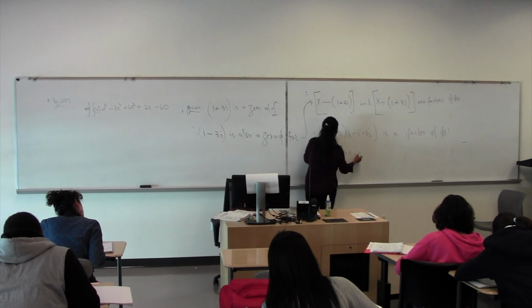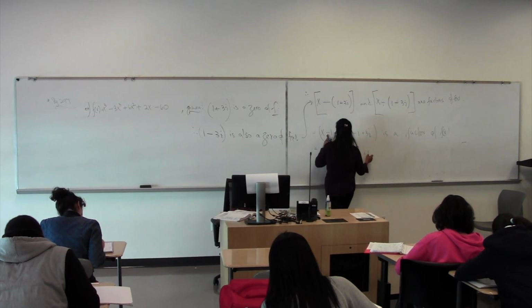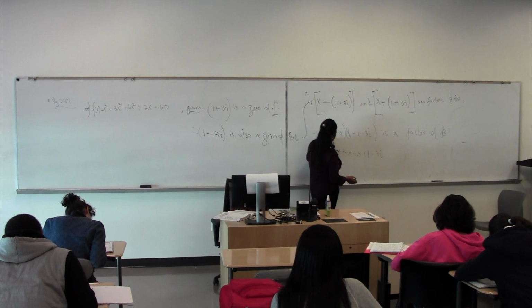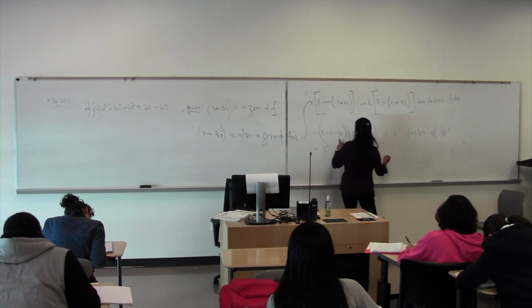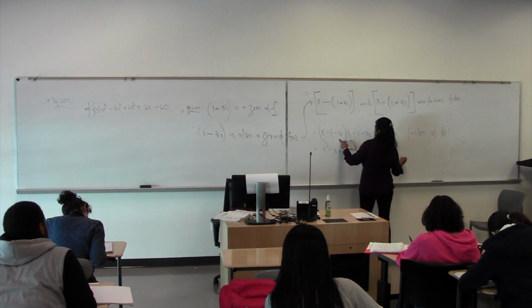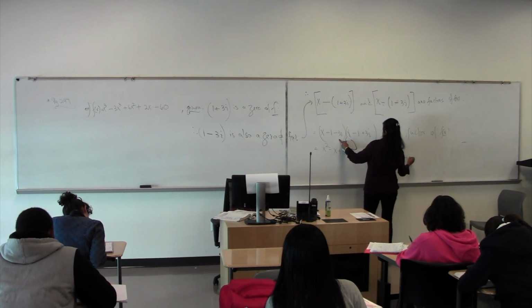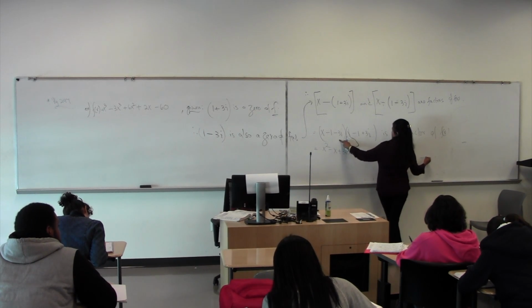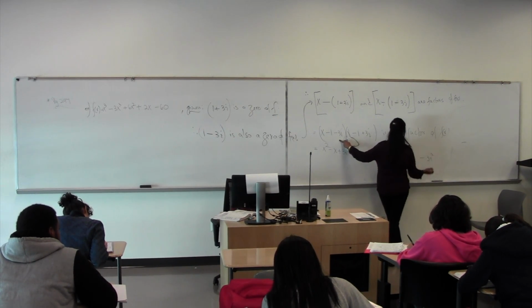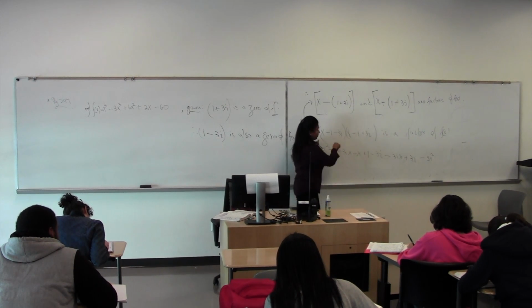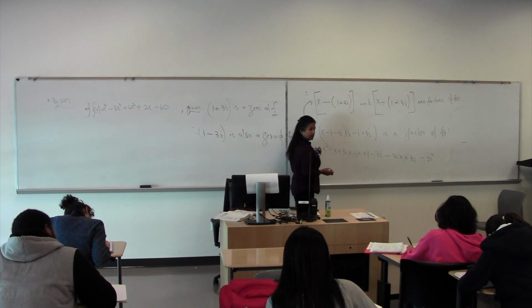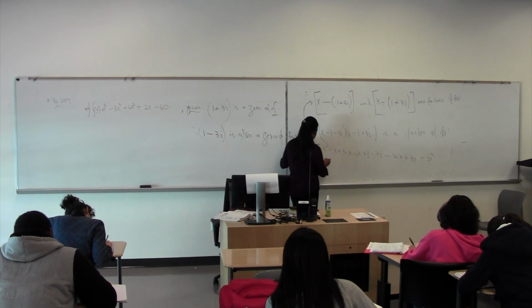Minus x plus 1 minus 3i, minus 3ix plus 3i, minus 3i squared. We know how to find this. Now simplify this. What do you get?